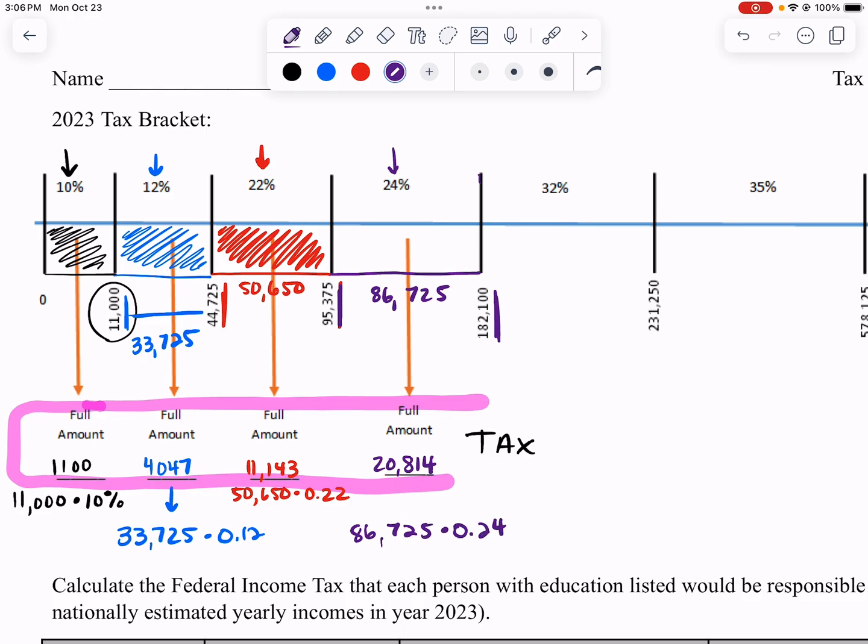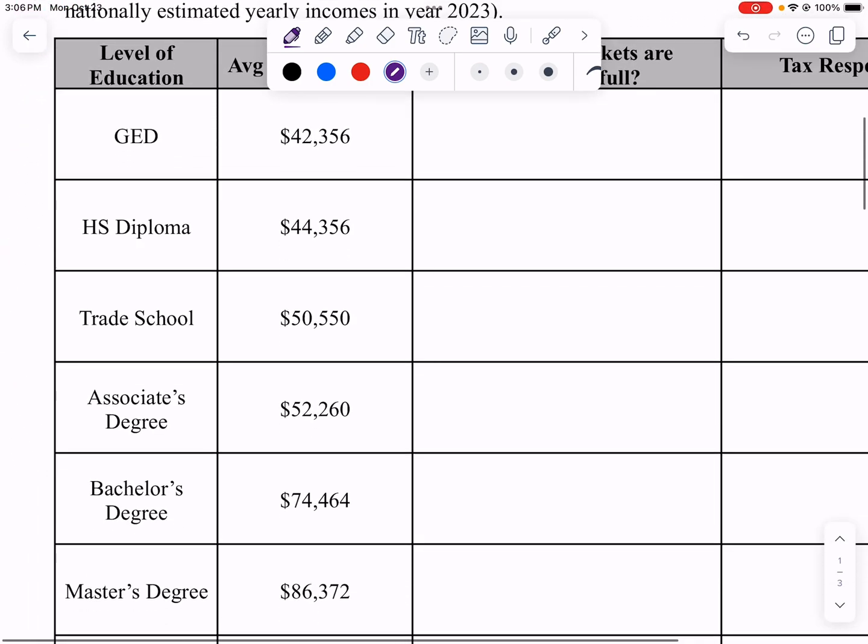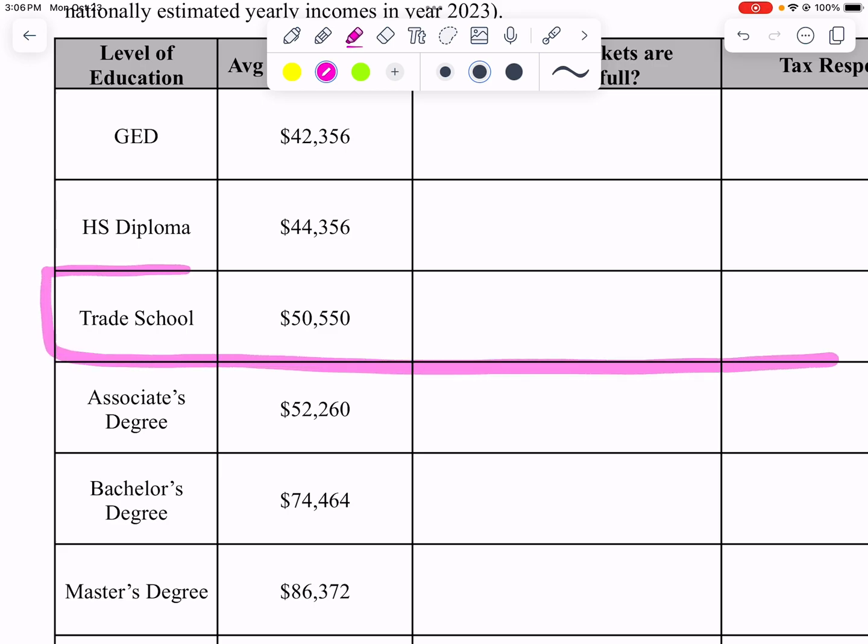The example I'm going to give is from last week's activity, and it was talking about what people nationally make based on their education level. Let's just take trade school, for example. Let's look at this section right here.